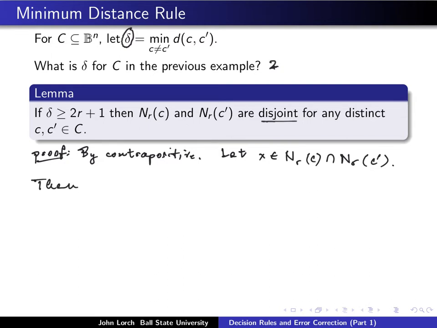Then what do I know? Well, if I take the distance between C and C prime, then by the triangle inequality, that's less than or equal to the distance between C and X added to the distance between X and C prime.